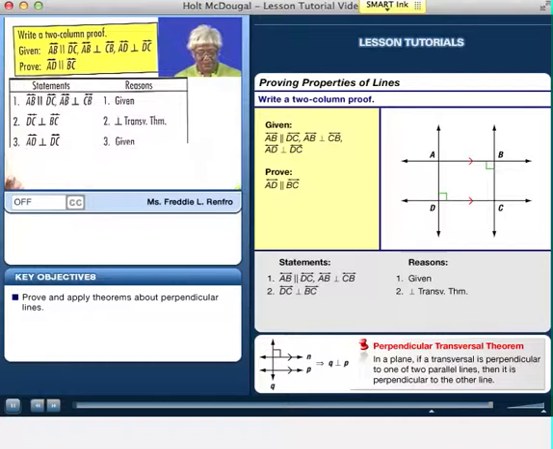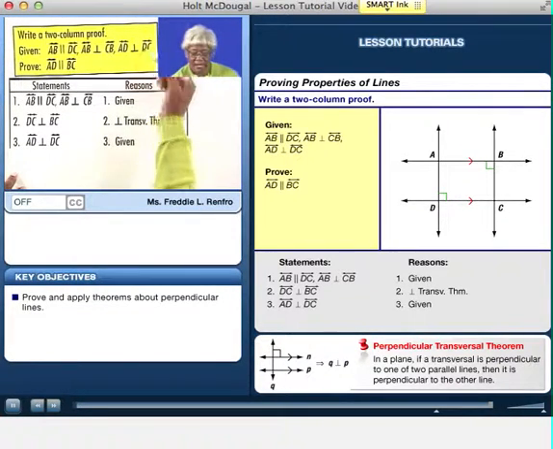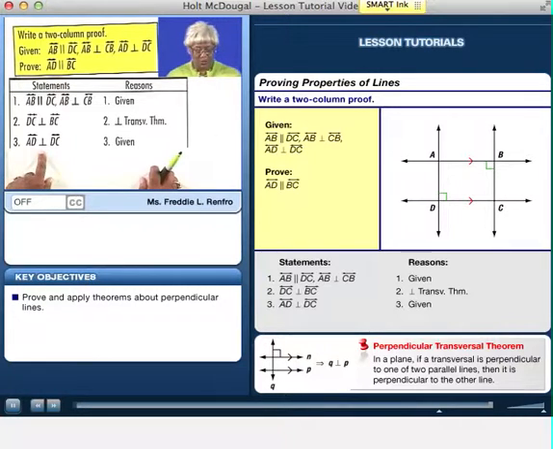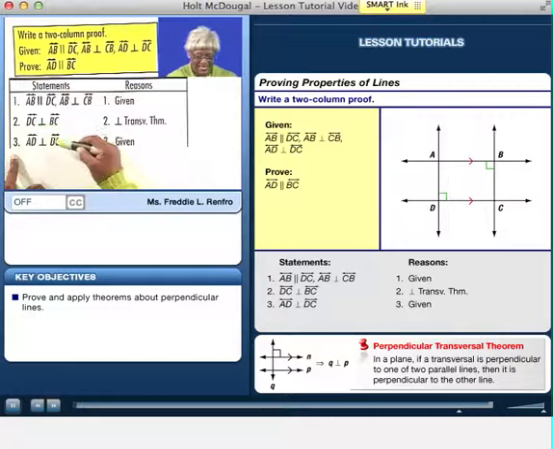What's our next statement? We were also given up here that line AD was perpendicular to line DC. Look at this. What do we have? Line DC perpendicular to BC, line AD perpendicular to line DC. Do you see something? Yes.